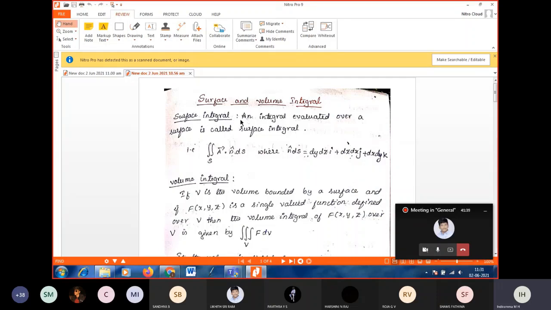Surface integral is an integral evaluated over the given surface. If the surface is given, we evaluate the given function over the surface. It is denoted by a double integral.